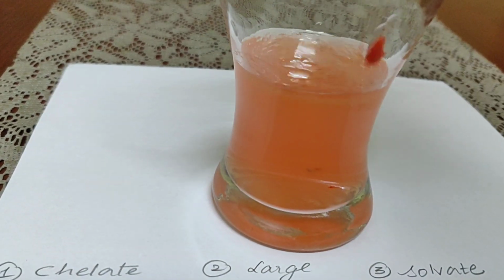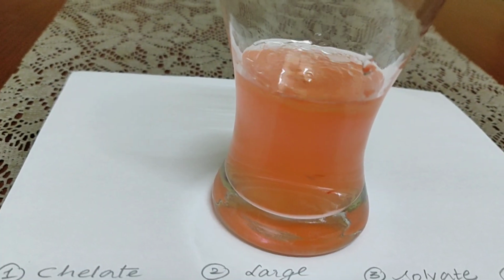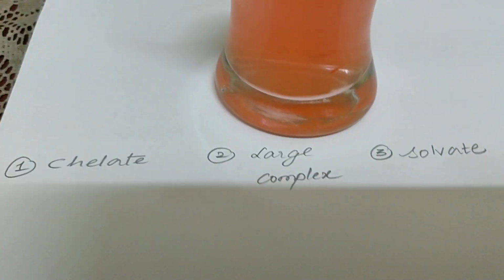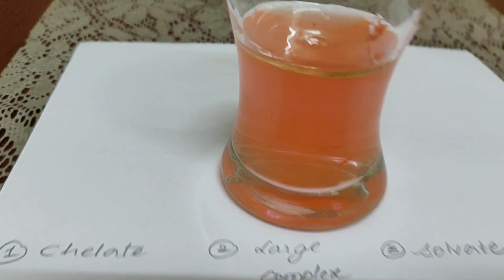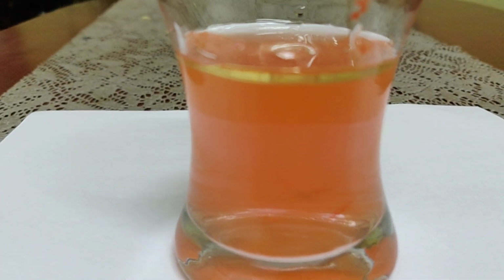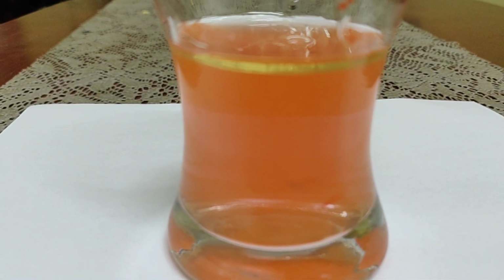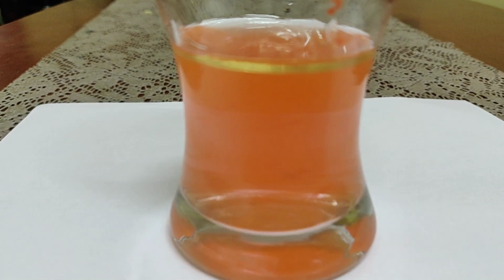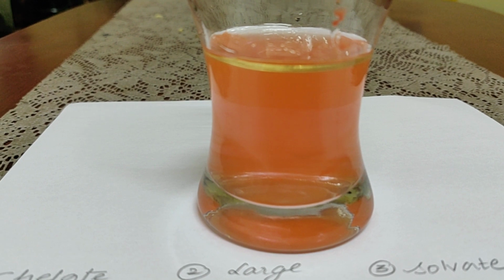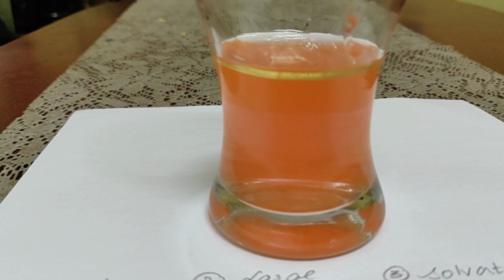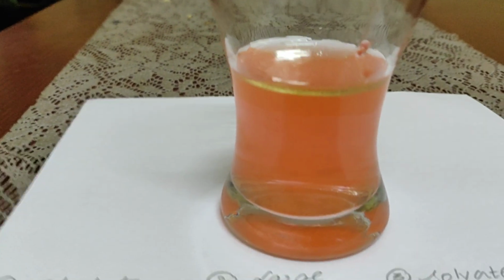So I have the solute particles which dissolve in water. You can see our solute particle is completely soluble in water, whereas it does not enter the organic layer which is floating above.